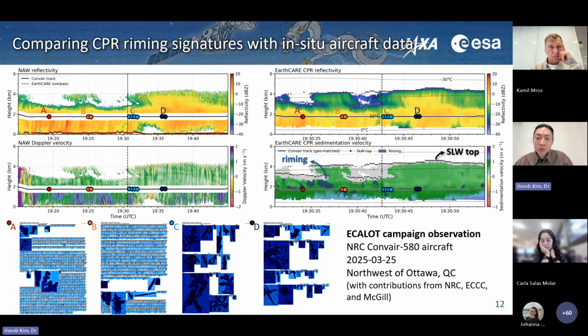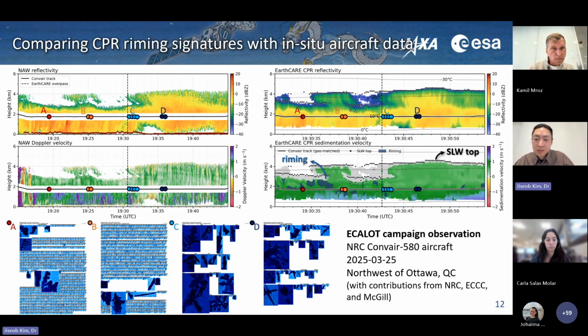The left panel shows the aircraft radar reflectivity and the Doppler velocity, and the right panel shows the CPR reflectivity and the sedimentation velocity. The horizontal line at 2 kilometer height is the aircraft altitude, and this vertical line is the EarthCARE overpass point. During this flight leg, the overall cloud structure looks pretty similar between the two radars.